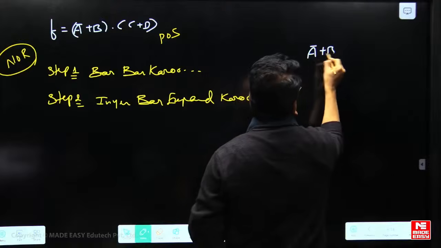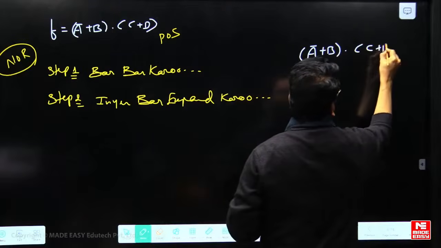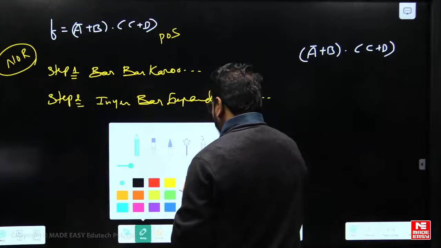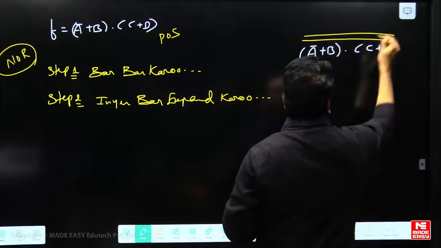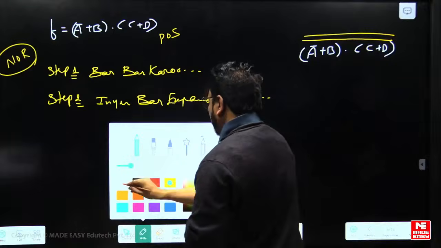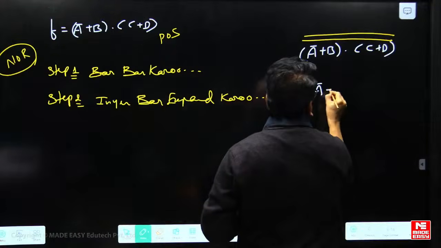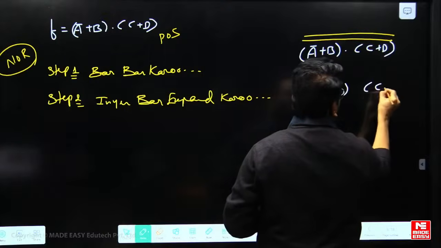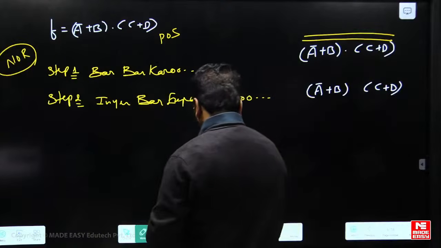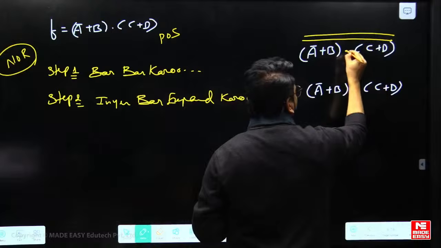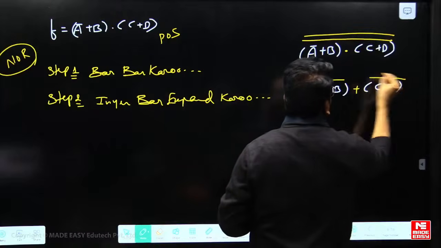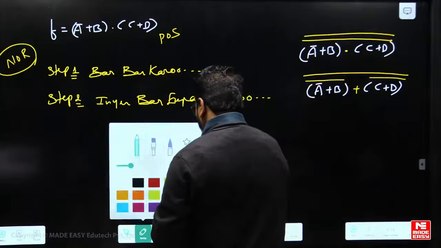Then that expression is going to be a bar plus b dot c plus d. When you do the steps like this, this is bar, then we are going to have a bar plus b, and this is c plus d, and this dot is going to become plus here, with bar. Oh, we got it now.